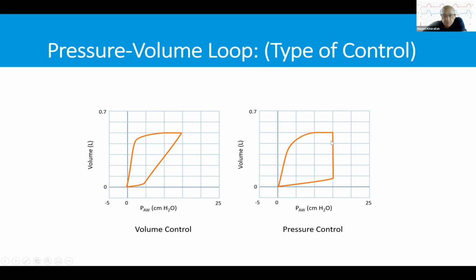This means that this is pressure control or pressure support. But since it is not started by the patient, it means it is pressure control. Pressure support has to be started by the patient, and then the pressure goes up to a certain level. But the idea is that when the pressure is fixed like this, you know that the pressure is controlled. Compared to when the pressure increases gradually, this is a volume control.